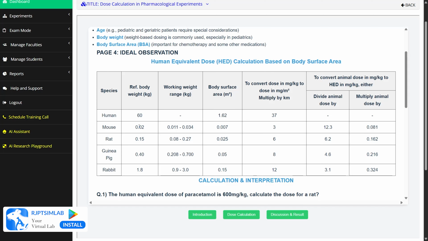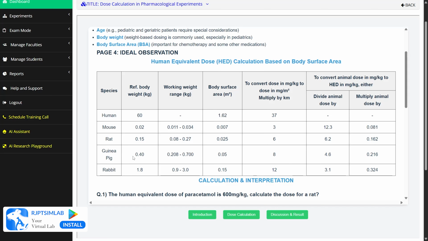Similarly, for the rat, the average weight is 0.15 and it ranges from 0.08 to 0.27. The average body surface area is 0.025. When we divide it, we get the dose 6 milligram per meter square. To convert it into human equivalent dose, we have to divide it by 6.2 or multiply it by 0.162.